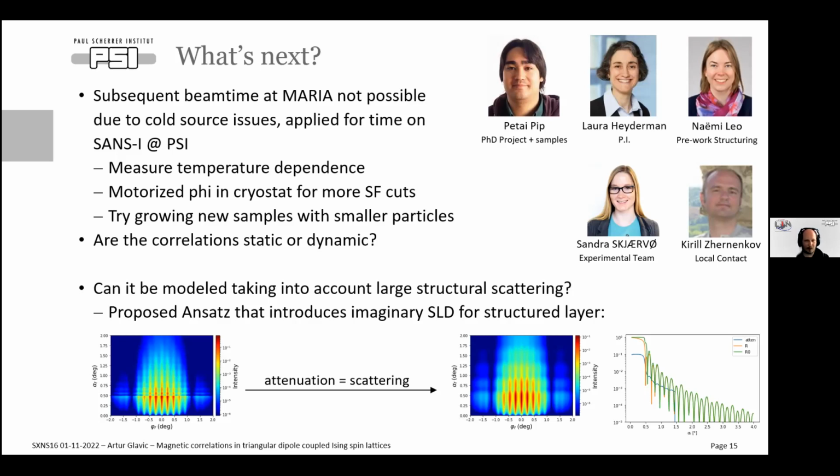We will do follow-up experiments, especially looking at whether this order is dynamic or static. And we will also try to improve on the modeling, considering the high scattering that we have from the long structural coherence. And with this, I thank you for your attention.